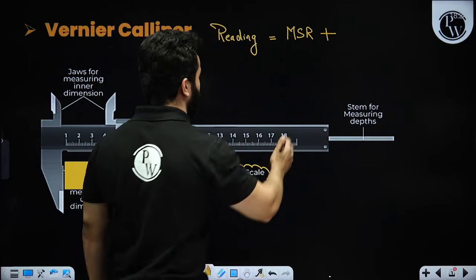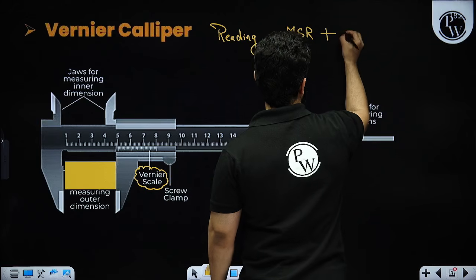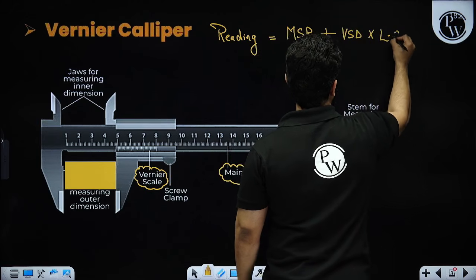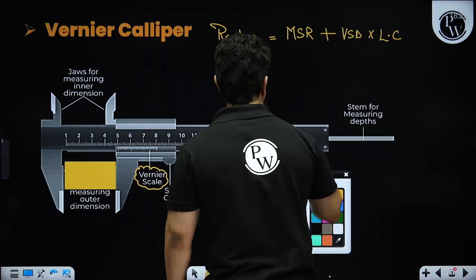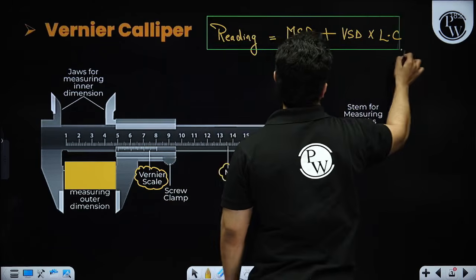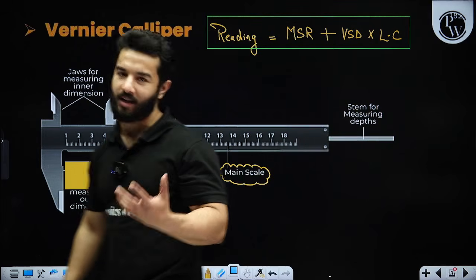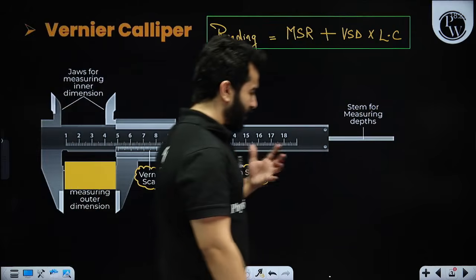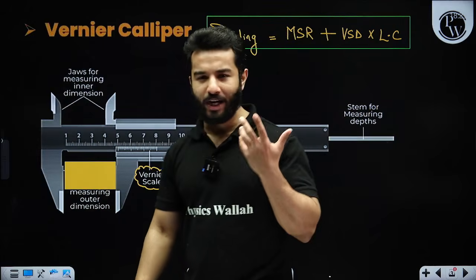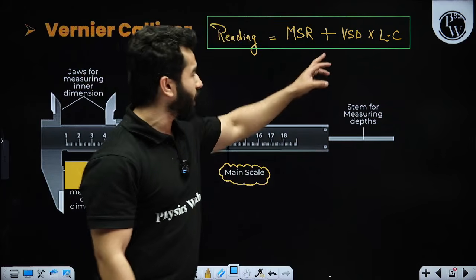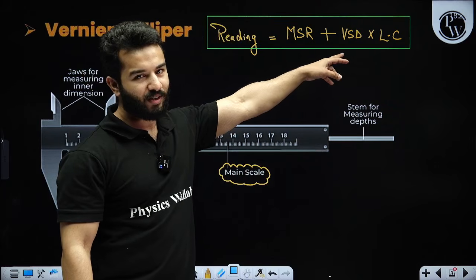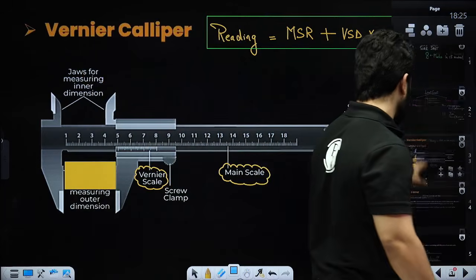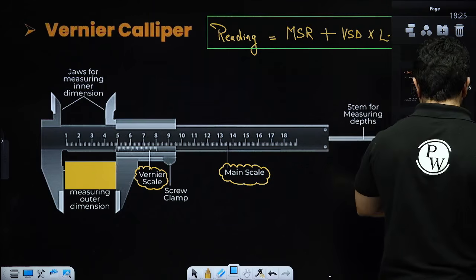So we are going to write that Vernier scale division multiplied by least count. Now in this expression I have not taken any zero error into account, right? So we are going to talk about zero error also. And now you can understand why we actually require least count. We require least count to write that value over there, right? But first of all, how they are going to talk about least count, let me explain that to you.